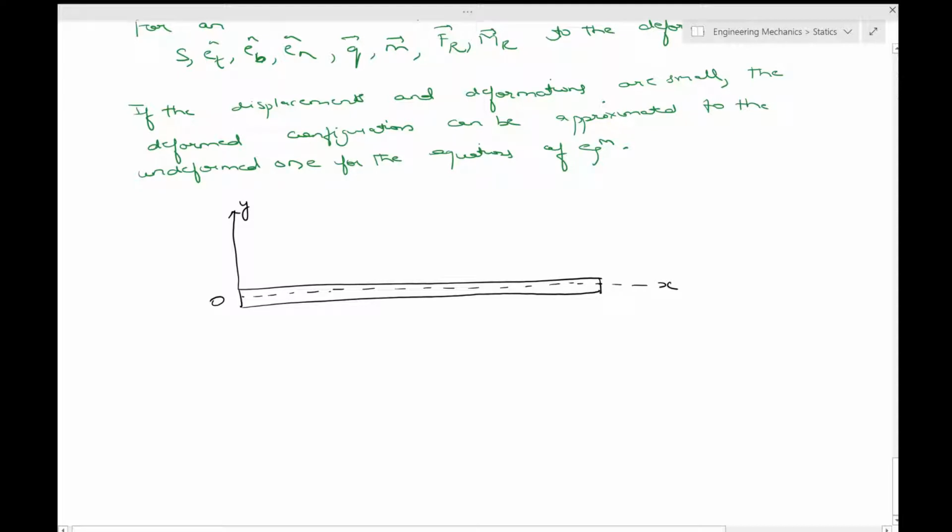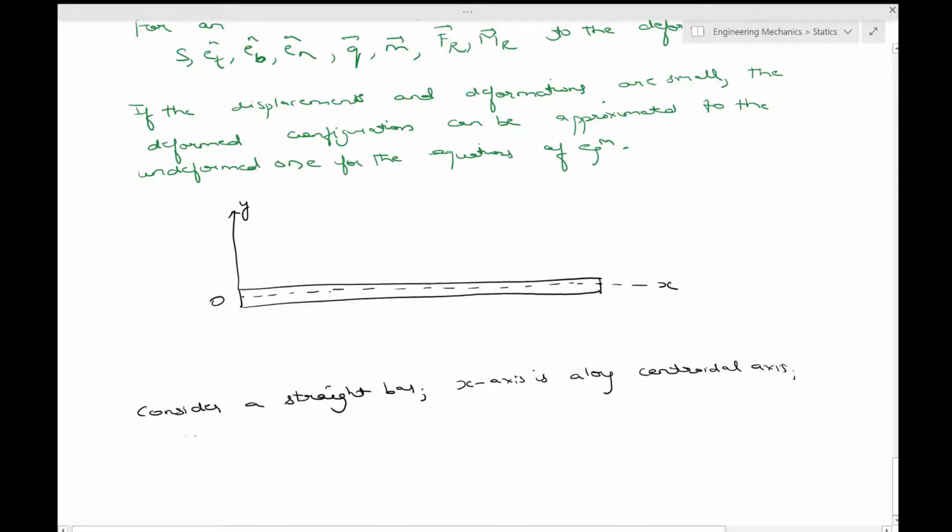Consider a straight bar, not curved, with the x-axis along the centroidal axis.